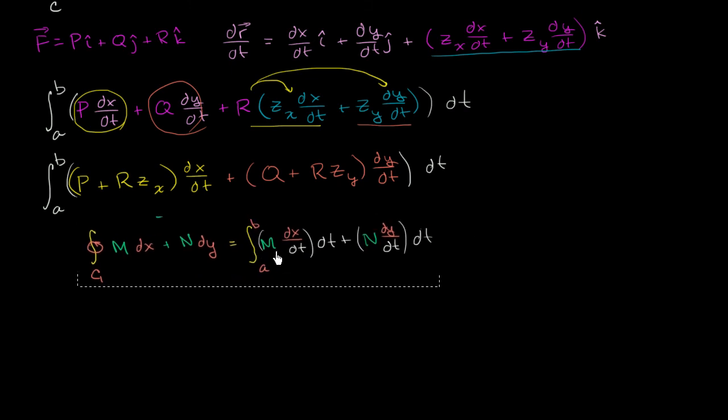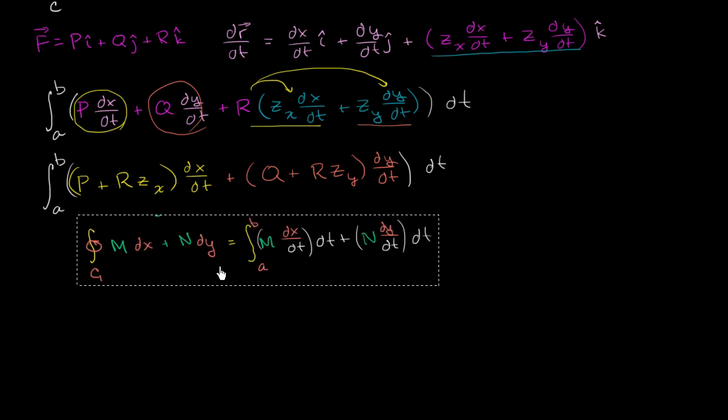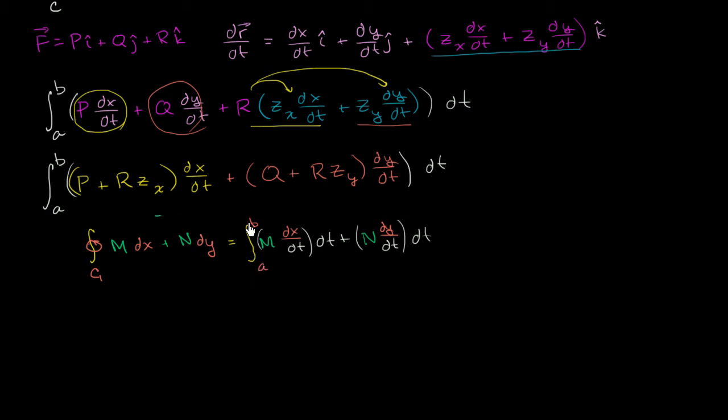But what is going on over here? If we look at this template, we're in the t domain, where we're integrating over t. We have some function of x and y times dx dt, and then some function of x and y times dy dt, and we're integrating with respect to dt. That's exactly what we're doing right over here.